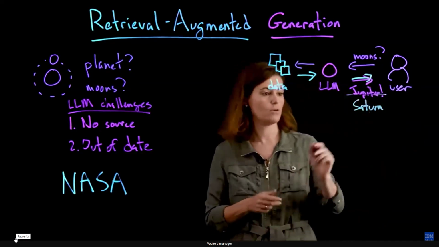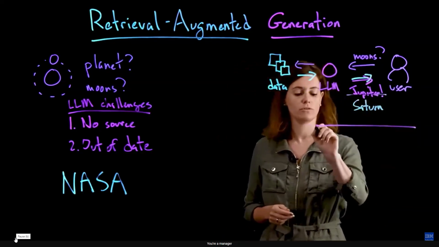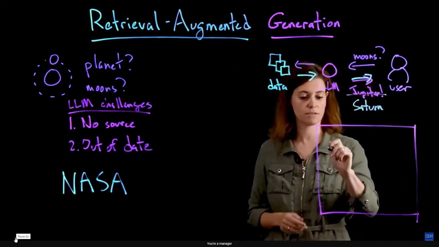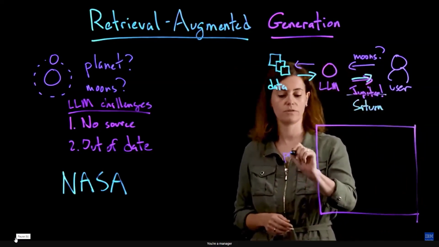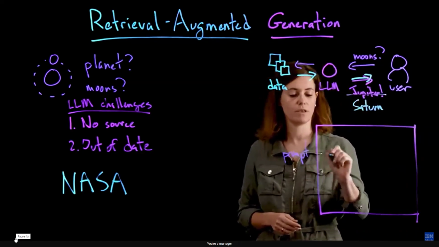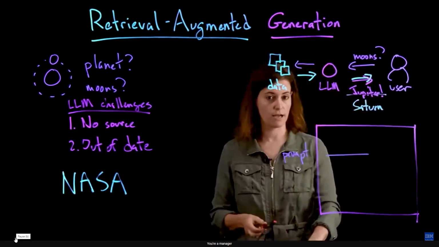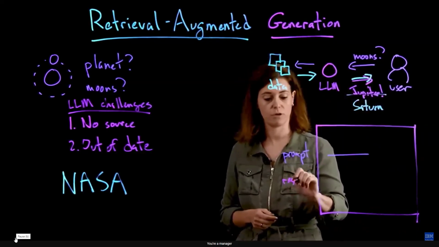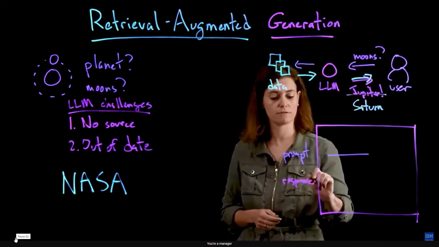What does this look like? Well, first, the user prompts the LLM with the question. Originally, it was probably just the generative model, which said, oh, okay, I know this one. Here it is.